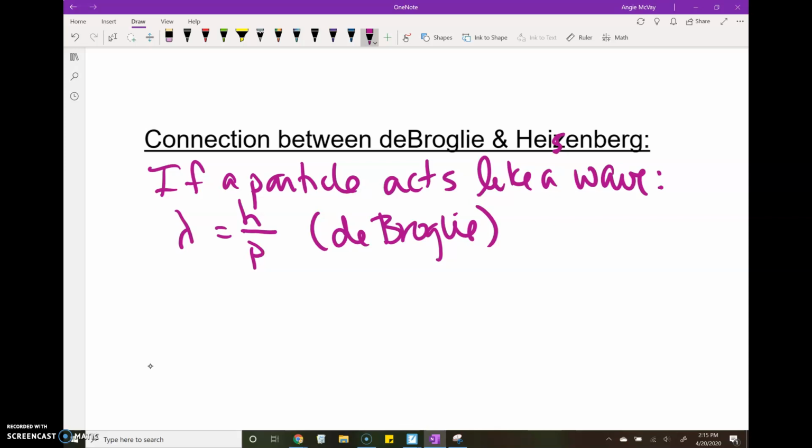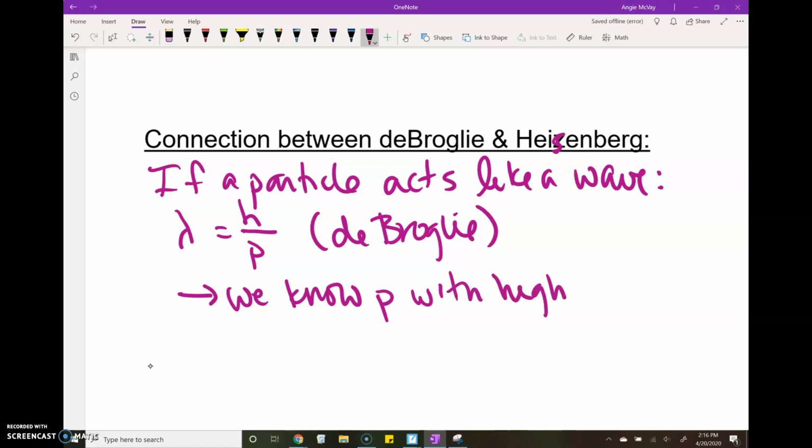If a particle is acting like a wave, we know, as a result, that we know the momentum with high certainty, right?